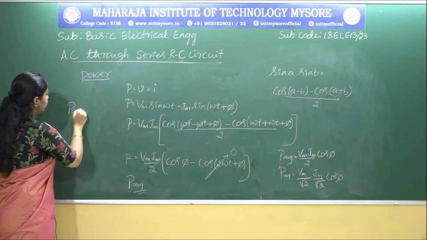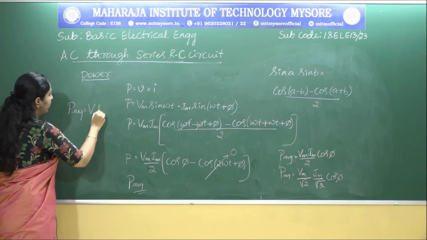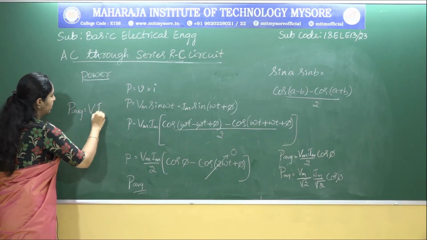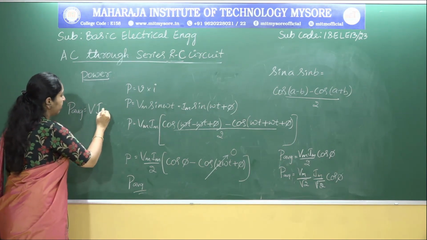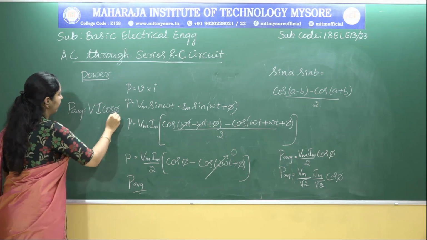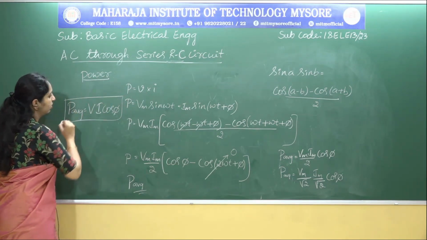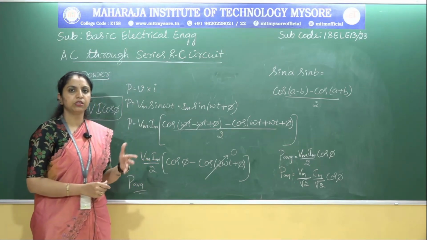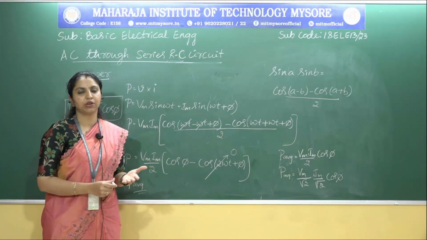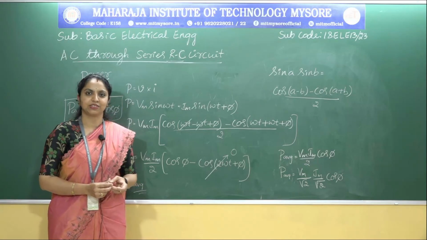P average is equal to V and I, where capital V is nothing but Vrms, capital I is Irms, and cos phi. We have obtained P average, that is the power in both the RL circuit and RC circuit, as VI cos phi. Thank you.